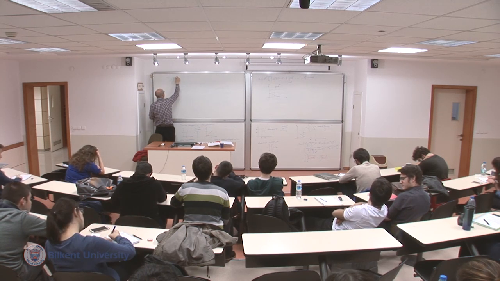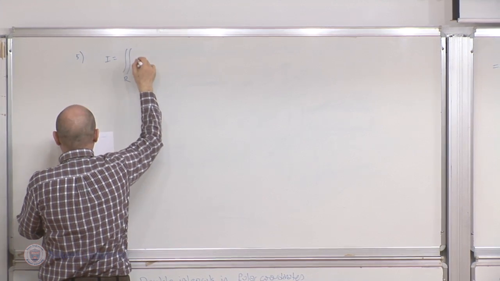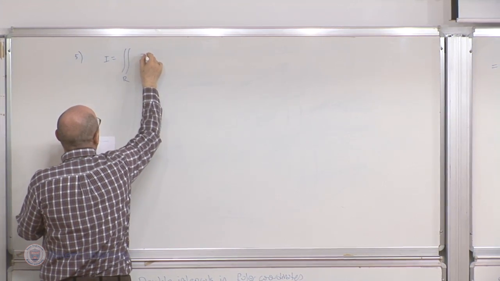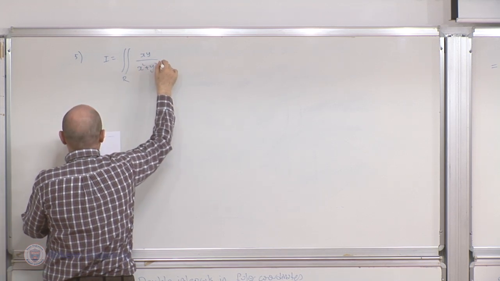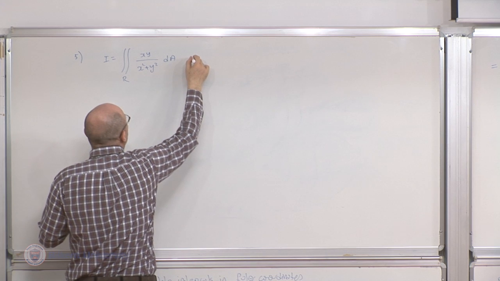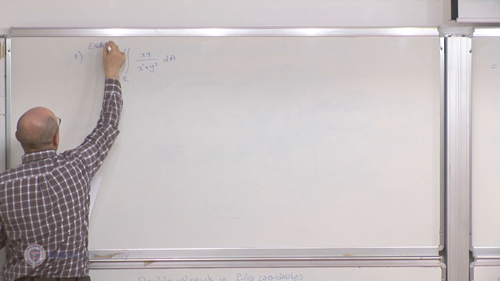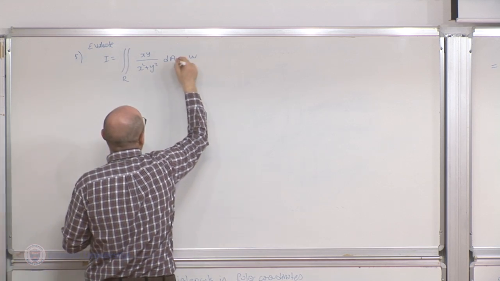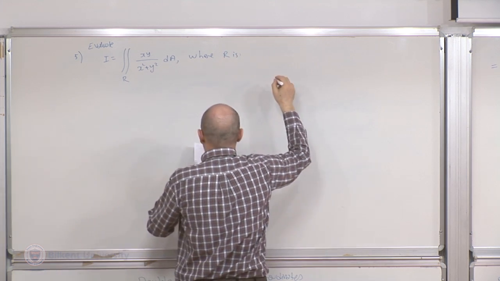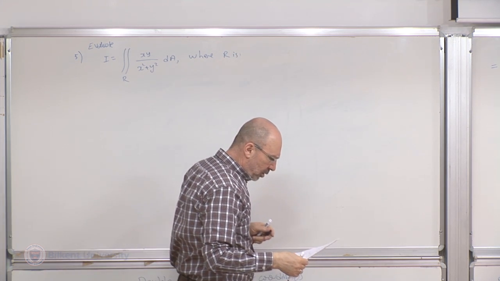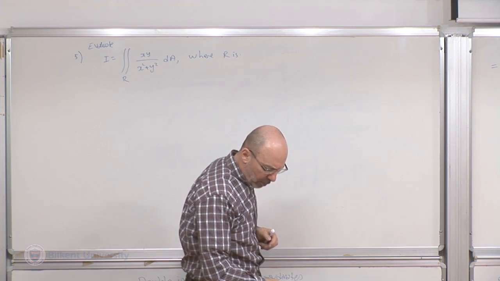This is our integral over the region R, which is an annulus region, xy over x squared plus y squared dA. The problem is to evaluate this integral where R is, okay, I will just draw the picture.